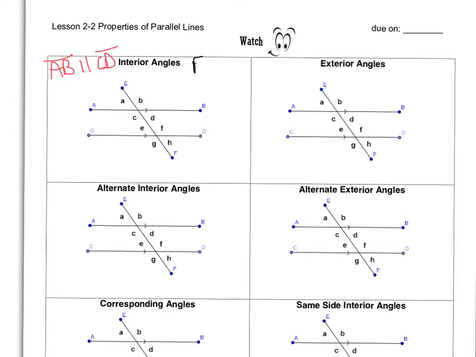Segment EF, that's considered a transversal, which just means that it intersects your two parallel lines. Interior angles are any angles that are inside of our parallel lines. So in this case, all these angles C, D, E, and F, those are all considered interior angles.